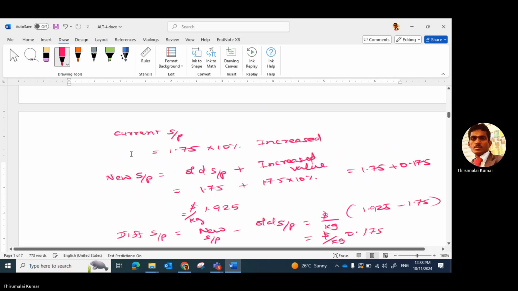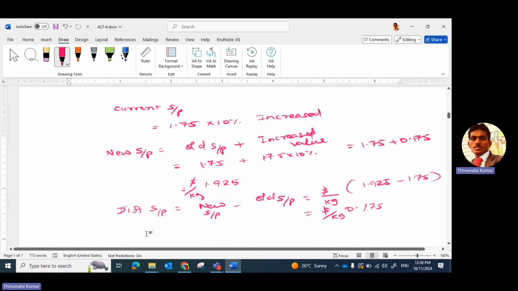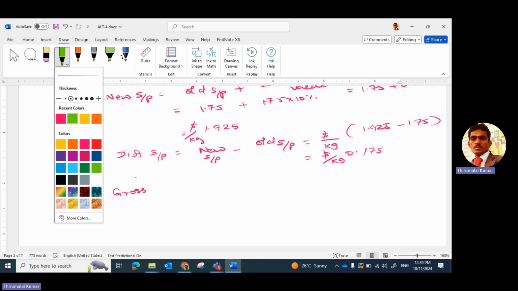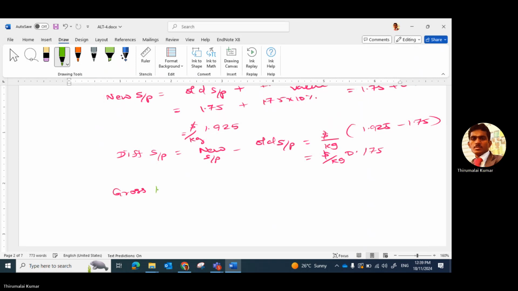So whenever you want to calculate the gross profit increased value, it is equal to annual production times the difference in the selling price.